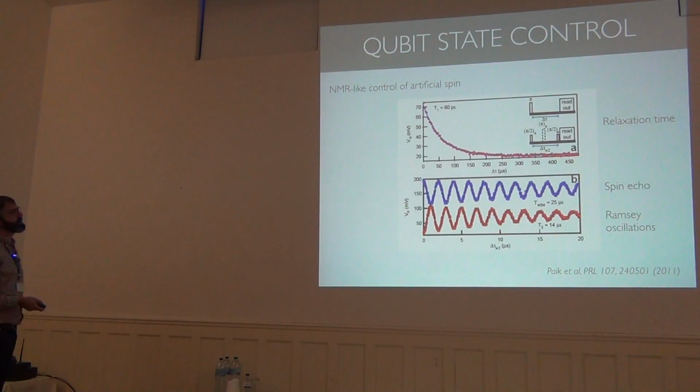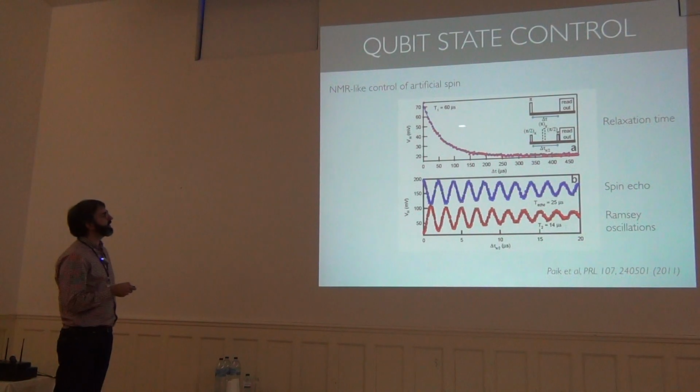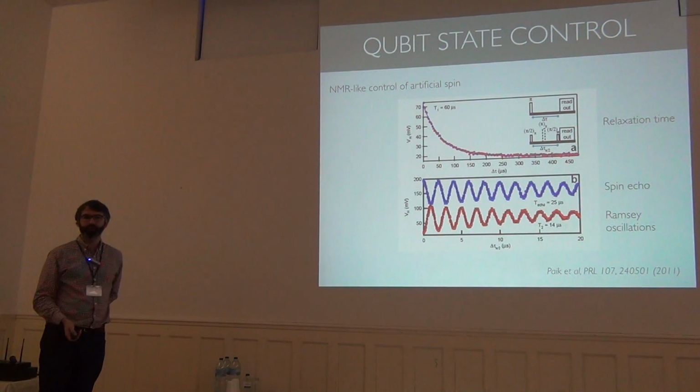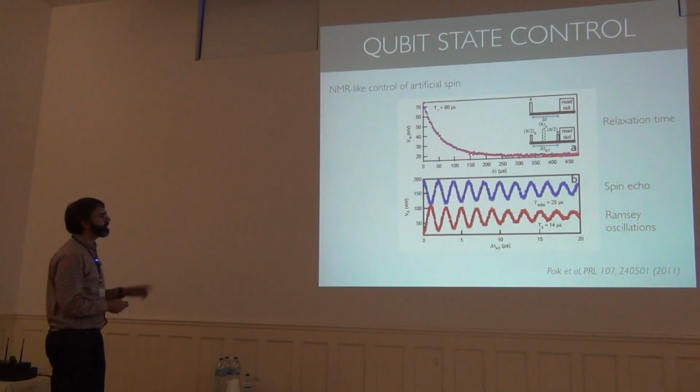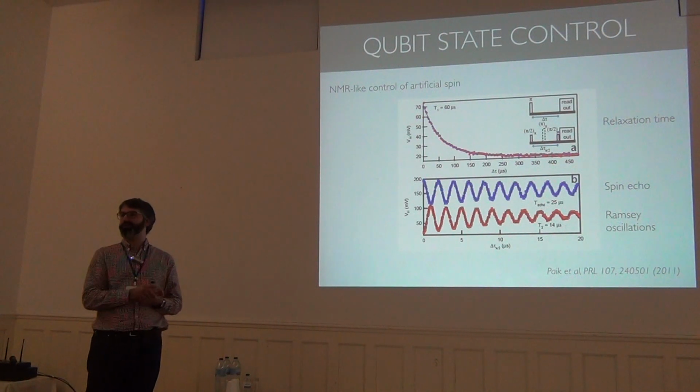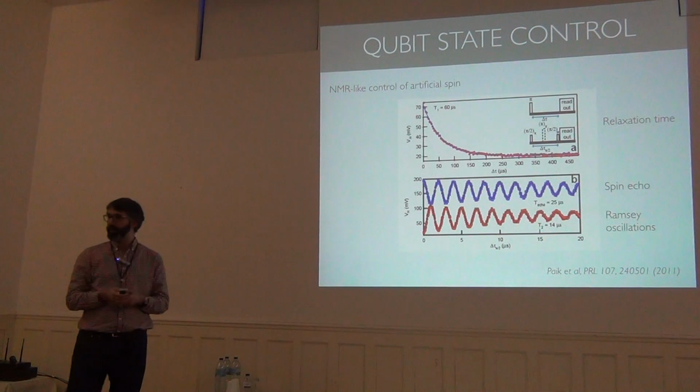But with good qubits, you can obtain decay rates of about tens of microseconds. In the early days, the first qubits, once you stored an excitation in a qubit, it would last a few nanoseconds.